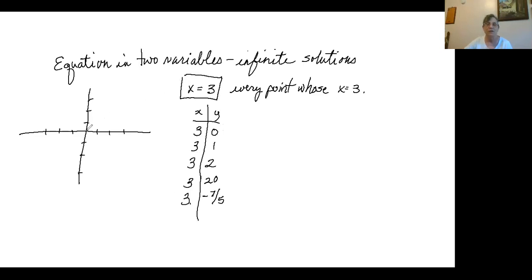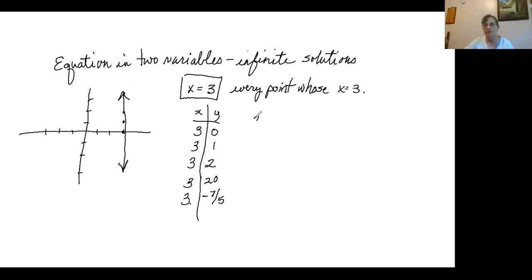And when you look at the points, you've got over 3 up 0, over 3 up 1, over 3 up 2. You can see that anytime you go over 3, regardless how far up or down you go, you're going to end up on this vertical line.